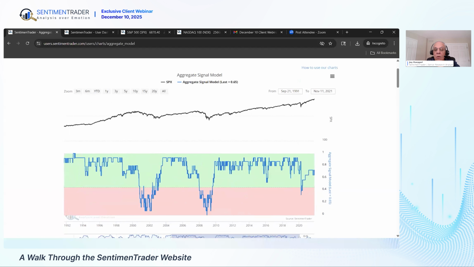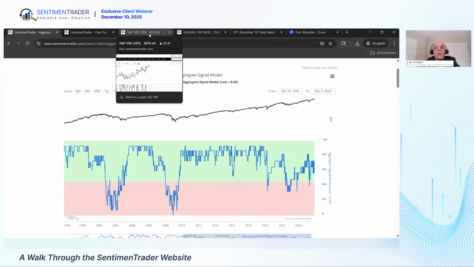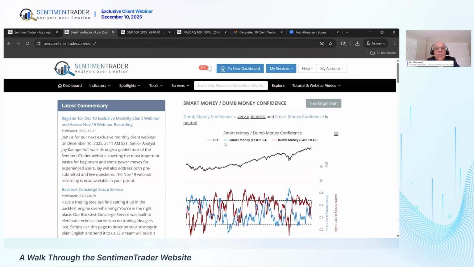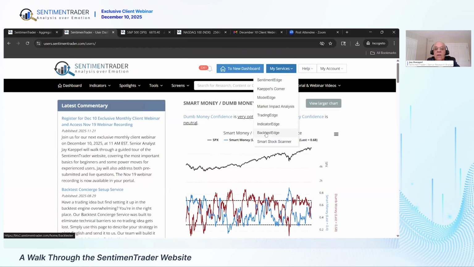And if we look at where we are right now, we chopped around a little bit earlier in the year, but we're firmly in favorable territory. Now let's go over to Backtest Edge, and there's a couple ways you can do that. You can either go to Tools and click Backtest Engine 2.0, or you can go to My Services and click Backtest Edge.